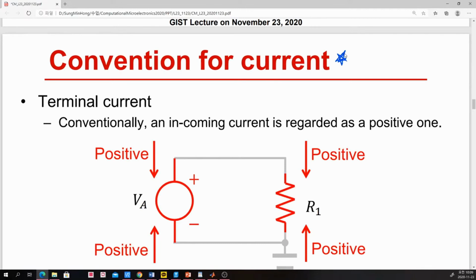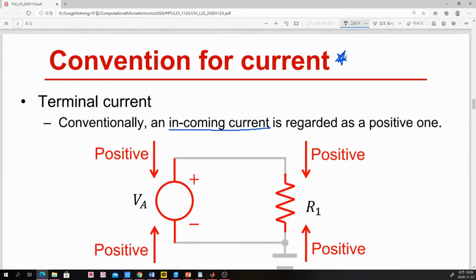So consistently with the semiconductor device, even in this circuit simulation, the current incoming through the element is always regarded as positive current.